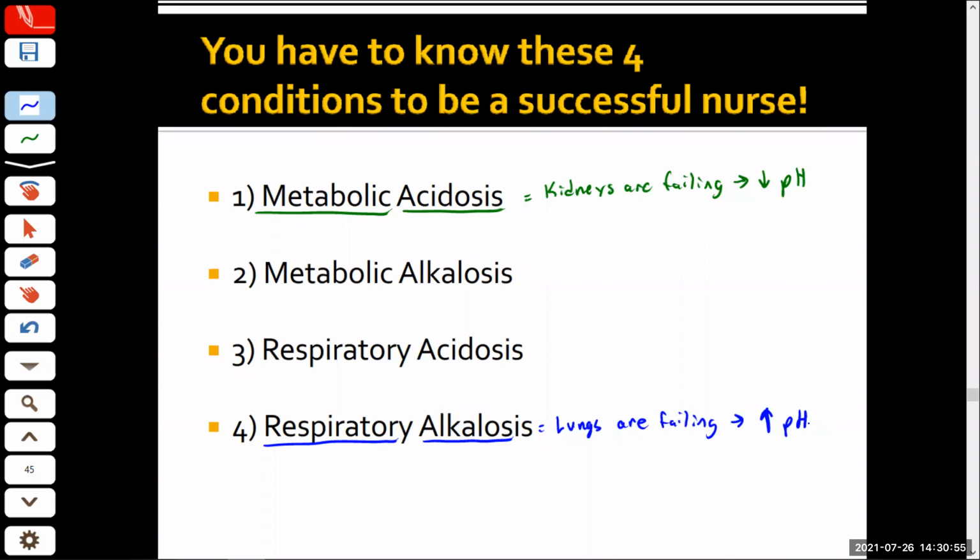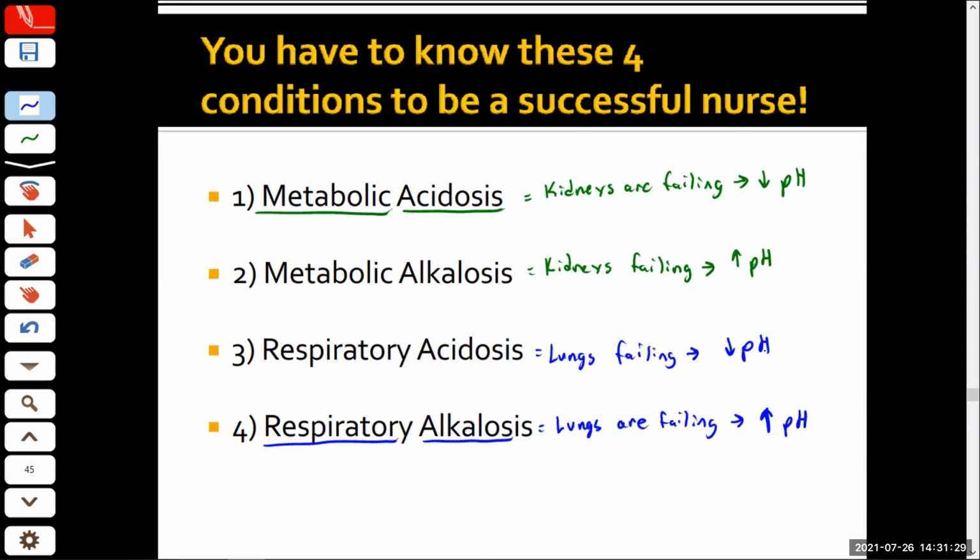But we did all four possibilities. Fine. Kidneys failing, leading to alkalosis. That means my pH is going up. Respiratory, my lungs are failing, dropping pH. Okay, so step one, figure out whatever's being asked of you.